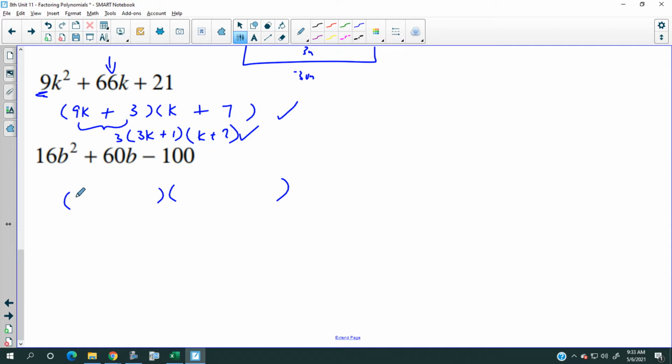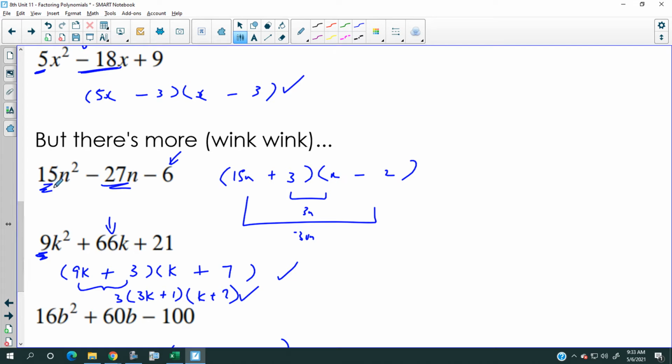All right, last one. Now, 16... What about 16b squared? Let me think. Now, I know what you've also noticed. You've noticed that I'm still kind of sticking to the case 3 here, because even though this is 9, not a prime number, I still end up using 9k and k, right? 15, I'm still using 15n, and so on and so forth.